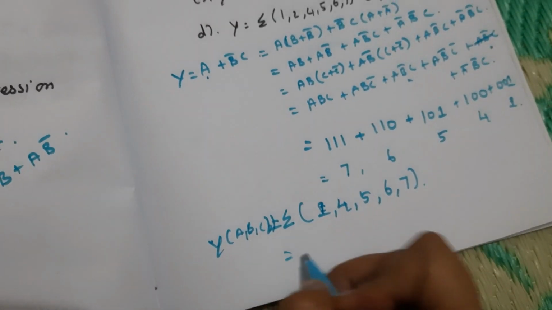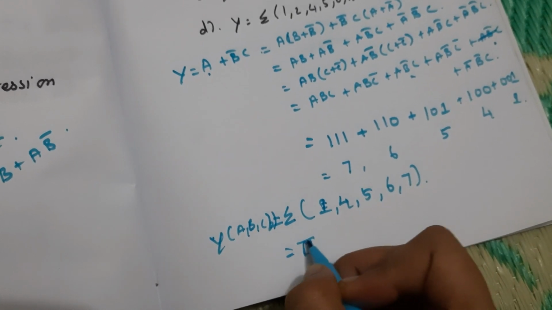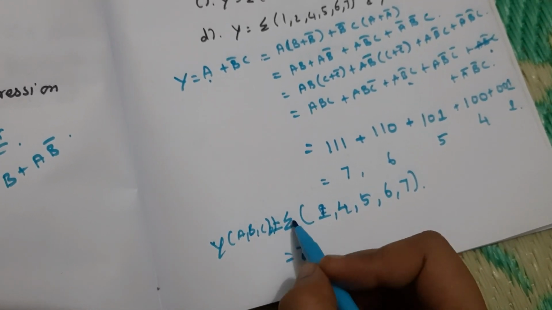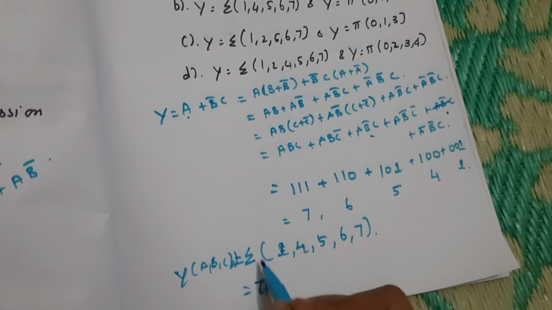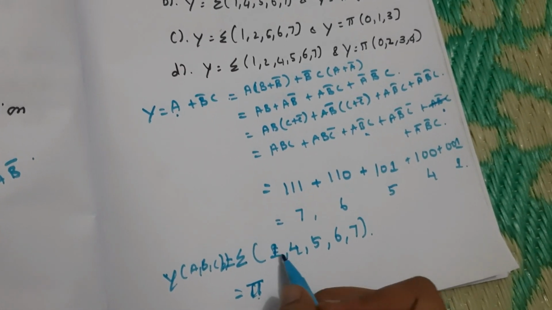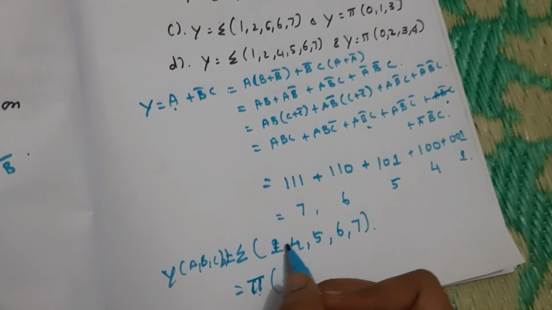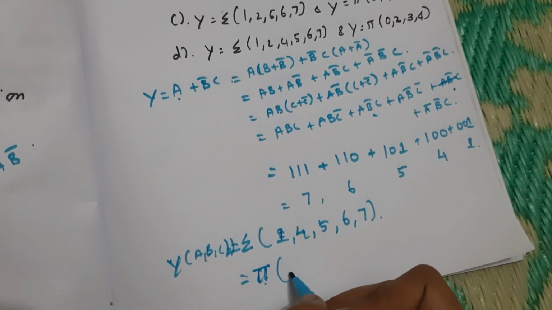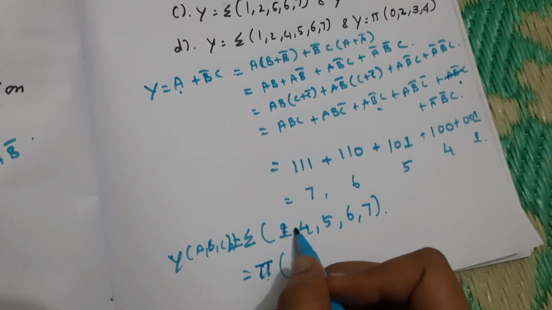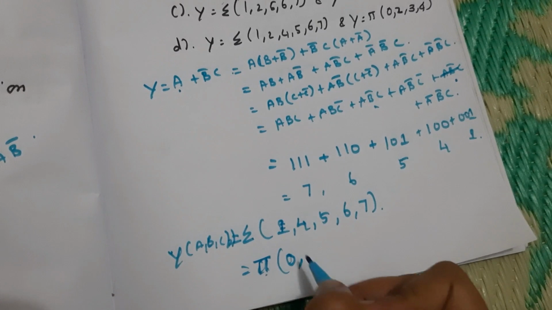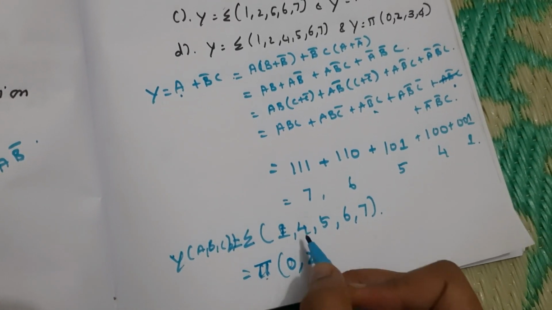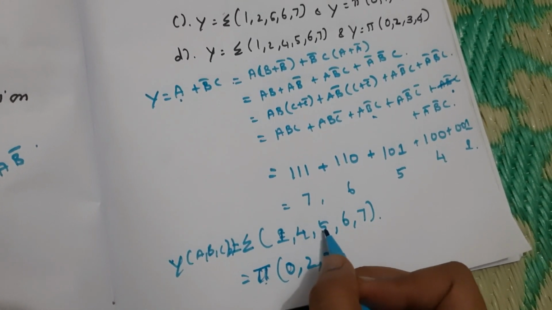So this is SOP, sum of product term, and this is POS, product of sum term, that is the remaining terms. What are the terms missed here? We will write it in POS form. So 0 and 2 are missing, and 3 and 4 5 6 7.